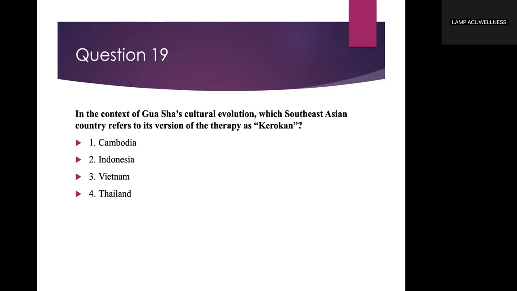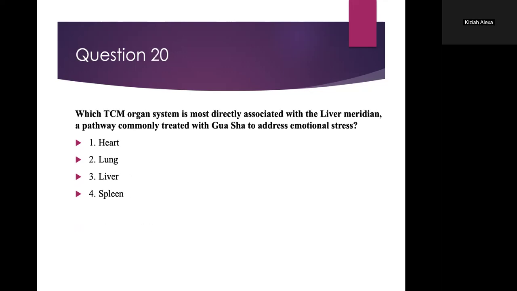In the context of Gua Sha's cultural evolution, which Southeast Asian country refers to its version of the therapy as Kerokan? Indonesia. Which TCM organ system is most directly associated with the liver meridian, a pathway commonly treated with Gua Sha to address emotional stress?